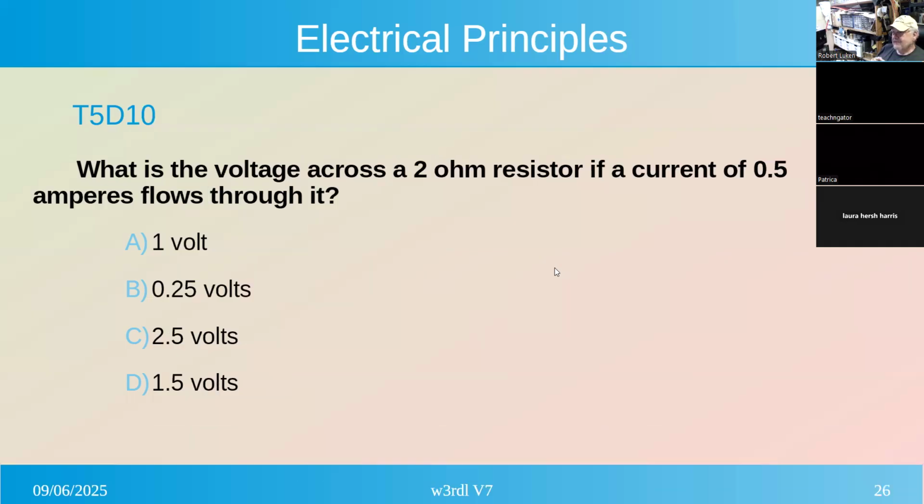What is the voltage across a 2 ohm resistor if a current of half an amp flows through it? That one sounds familiar.